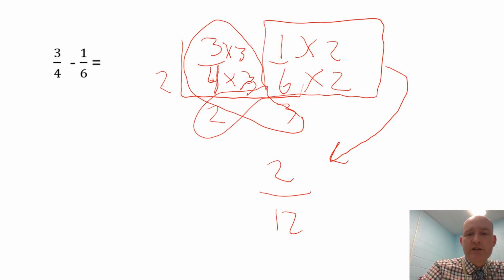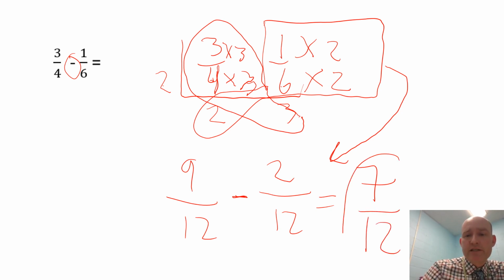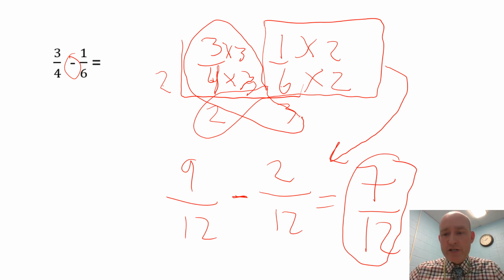So 3 times 3 is 9. 4 times 3 is 12. Well, great. We got to take this minus, and now we can go across. 9 minus 2, 7. Keep the same. 7/12 is our new fraction. Okay, we can't simplify that anymore.